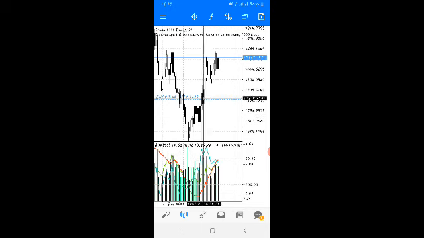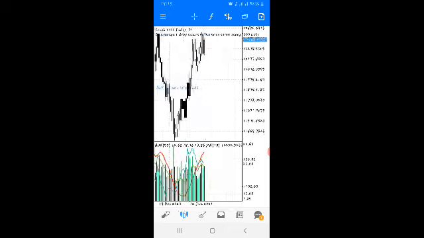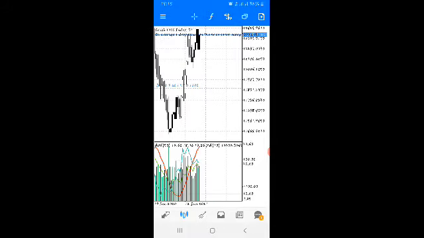I just analyzed it and I left it there. You see, 1 candle, 2, 3, 4, 5, 6, 7, 8, 9, 10, 11, 12 days, guys. This trade has been kept for 12 days. So this is how we trade Crash and Boom.